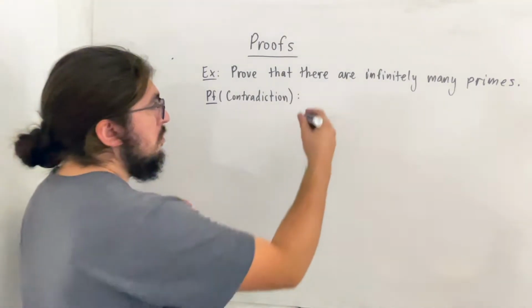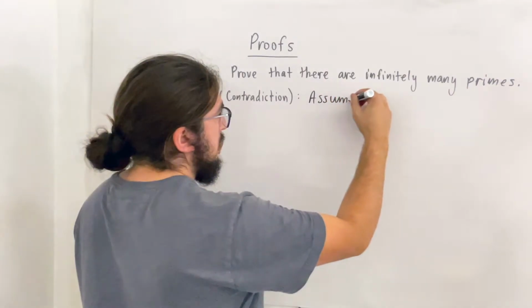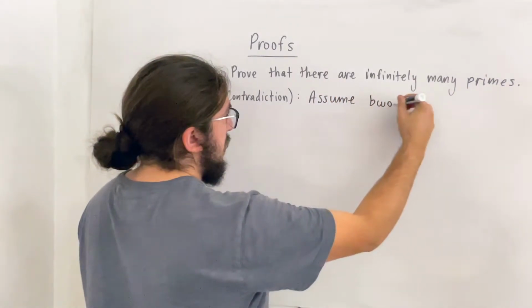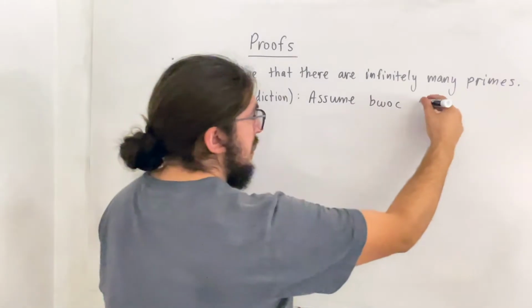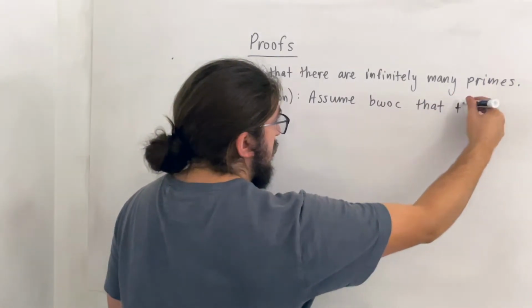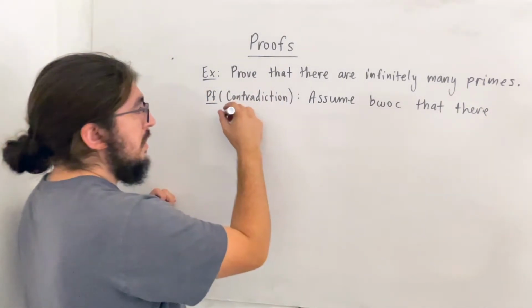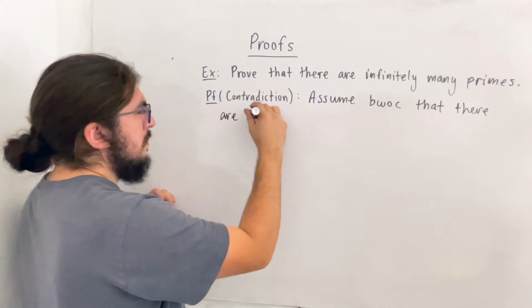So let's assume by way of contradiction, remember the BWOC, that there are finitely many primes. So there are not infinitely many primes, but there are a finite number of primes.